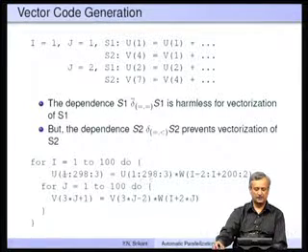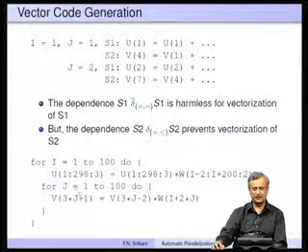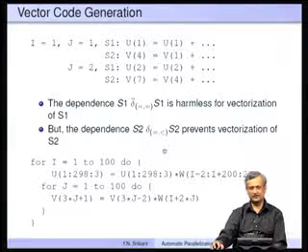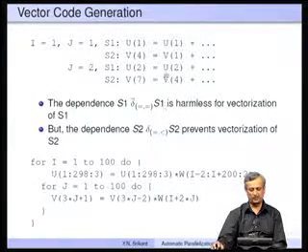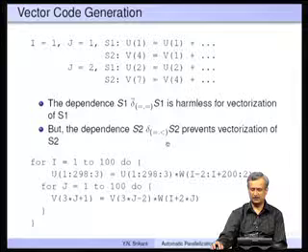The S1 statement has been completely vectorized and runs in vector mode, whereas the j loop contains the statement S2 which cannot be vectorized. So, the j loop and the I loop run sequentially on S2. This is the vector code generation process. Essentially, we compute the dependences and the direction vectors, and then we look at some conditions on the dependences to tell us whether vectorization is possible or not.